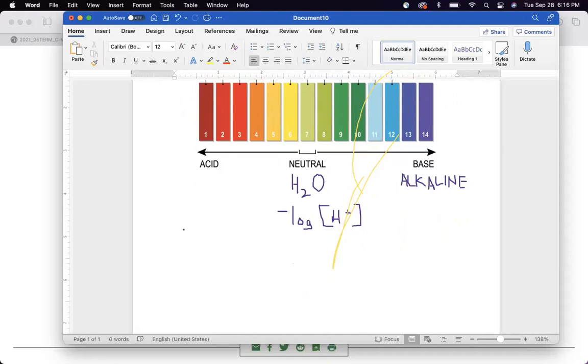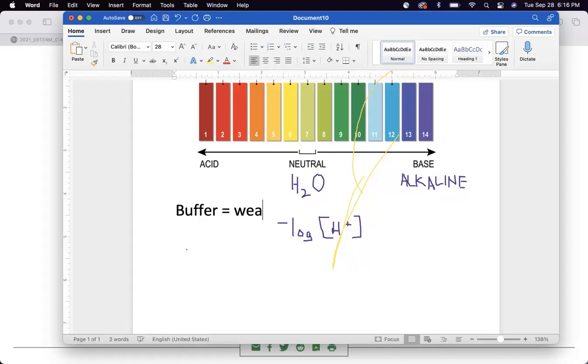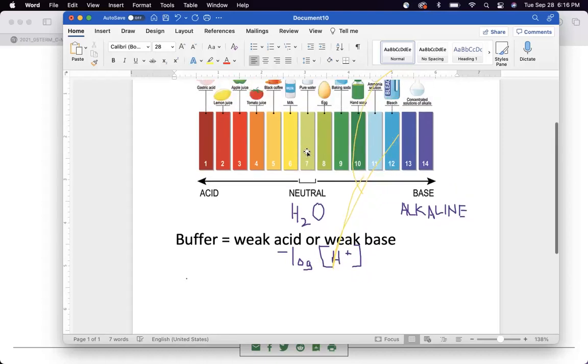I want to draw something. I'm going to write something down. So what a buffer system is, and we're going to show you, is either a weak acid or a weak base that will move wherever our blood or our body fluids are.